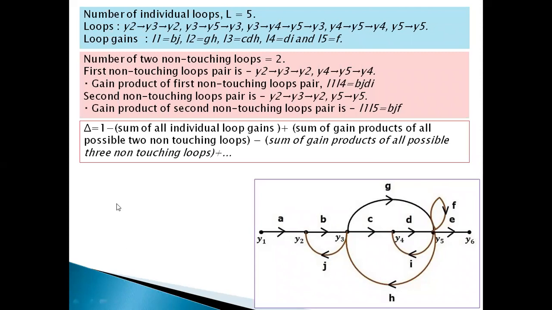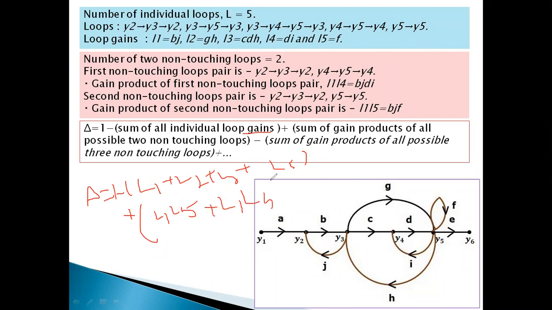Delta is equal to 1 minus the sum of the individual gains of individual loops, that means first loop to fifth loop: L1 plus L2 plus L3 and so on up to L5, plus the two non-touching loops, L1 L5 and L1 L4, all possible combinations of two non-touching loops, minus 0, as there are no three non-touching loops.